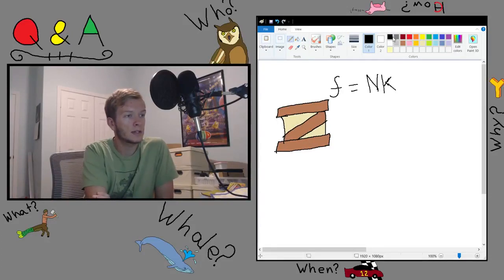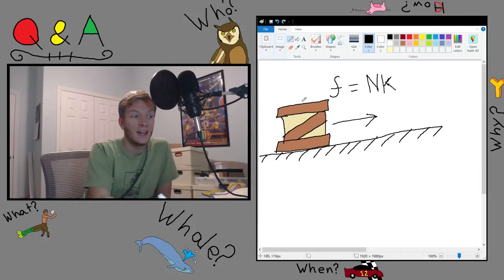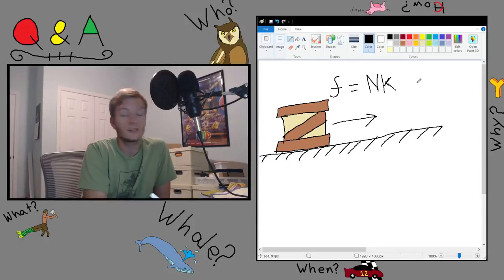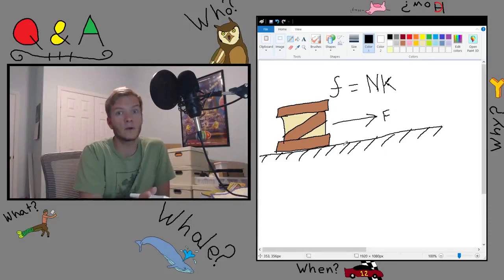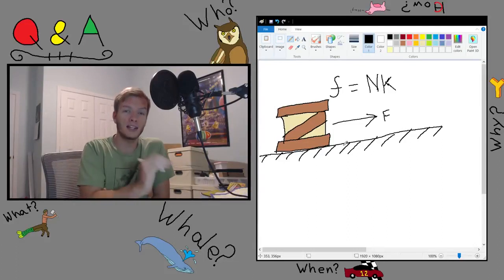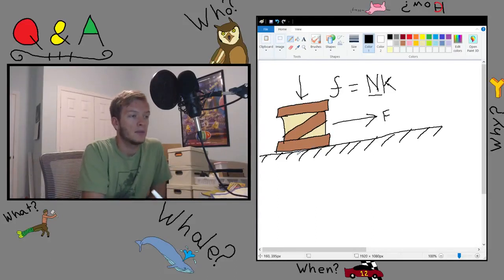So we have this box and we have some surface that we are sliding this box across. We are applying some sort of force, and this force actually has nothing to do with the friction at all, other than the fact that the friction is opposing it. So if we increase the force, the friction doesn't change unless we change to a different scenario. This normal force is actually the weight of the box in this scenario, pushing down and making this connection between the bottom of the box and the floor that we are sliding across.